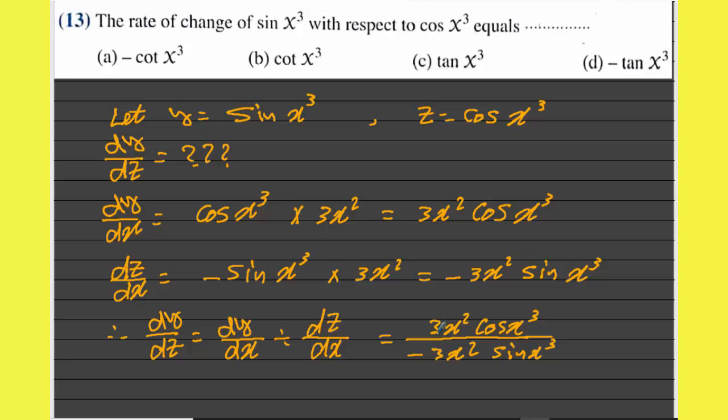So we can divide up and down by 3x square. So the result equals cosine x power 3 over sine x power 3, but it is negative cotan x power 3, and we choose letter A.